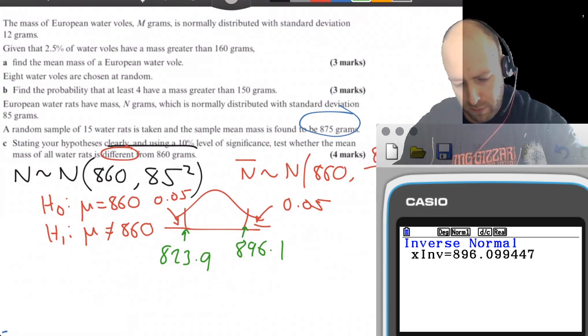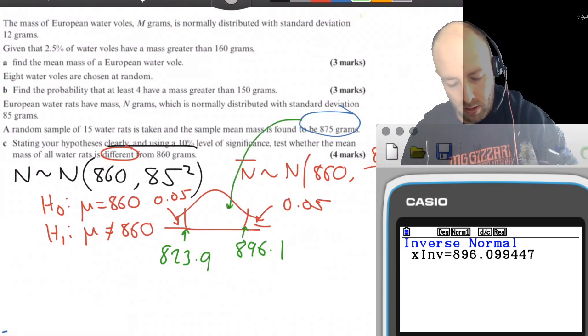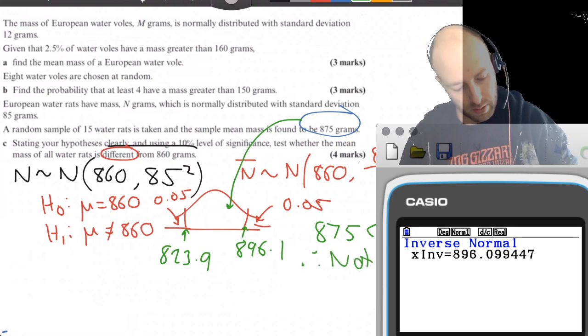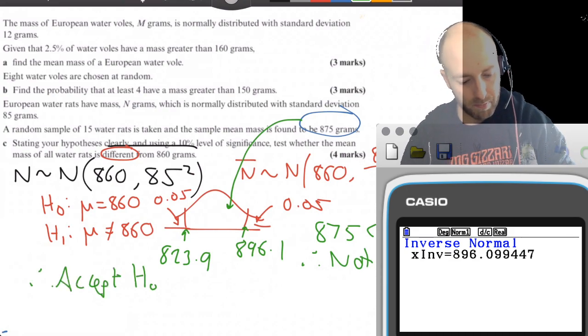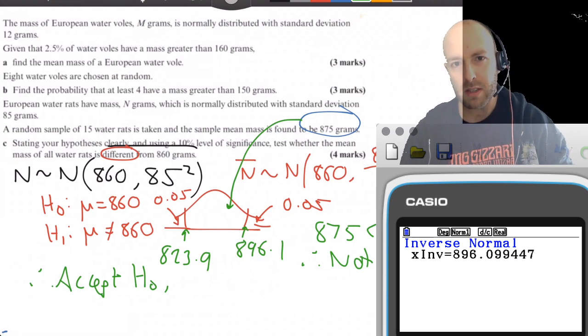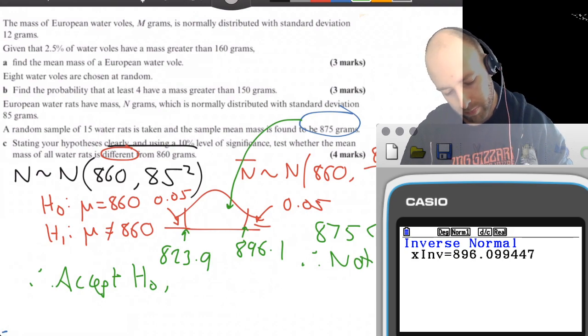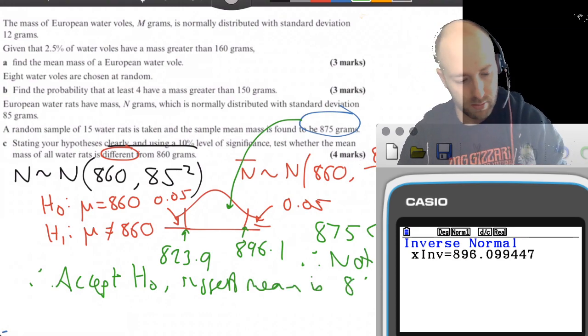So 875 is somewhere in there, so it's not going to be critical. 875 is less than 896.1, therefore not critical. So therefore accept H0 and say there's no reason to suggest the mean is other than 860.